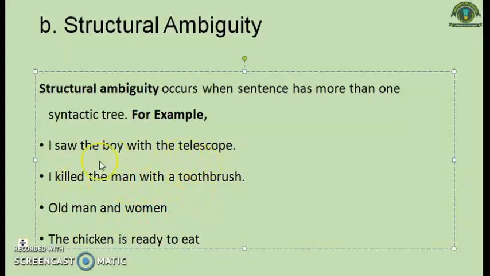Or if it modifies the verb killed, then it will definitely give some other meaning or interpretation. So it depends on which way our brain wants to connect this prepositional phrase, to the noun or to the verb. This is called structural ambiguity.